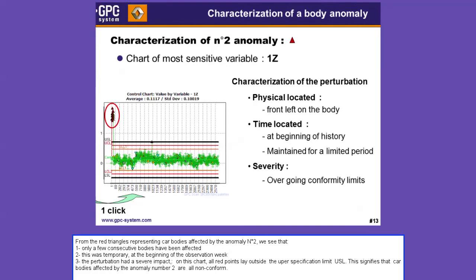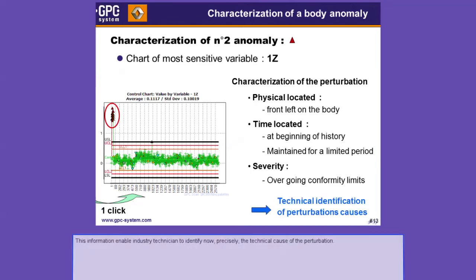This was temporary, at the beginning of the observation week. 3. The perturbation had a severe impact. On this chart, all red points lie outside the upper specification limits, USL. That signifies that car bodies affected by the anomaly number 2 are all non-conform. This information enables the industry technician to identify now, precisely, the technical cause of the perturbation.